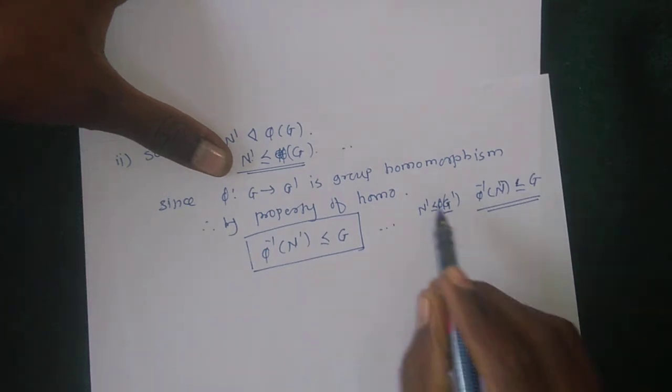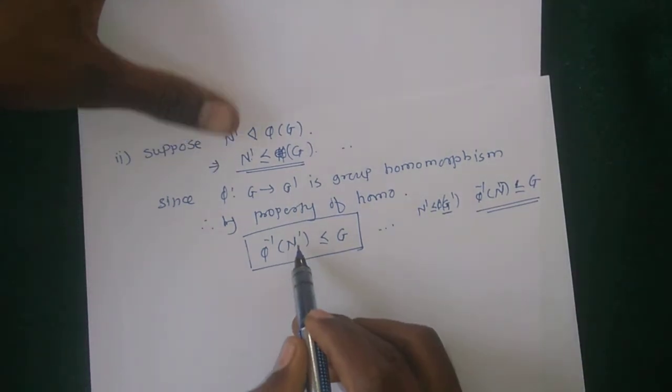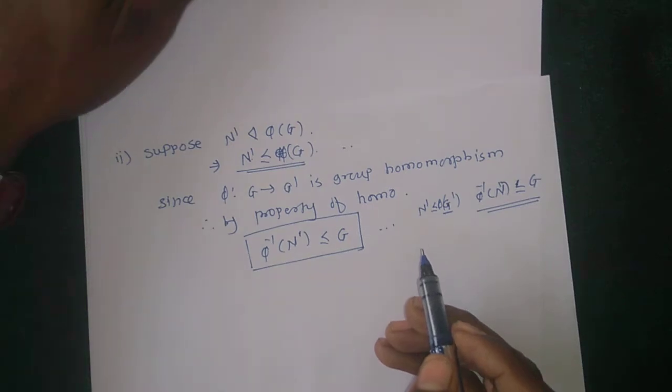So using this, phi inverse of N dash is a subgroup of G.